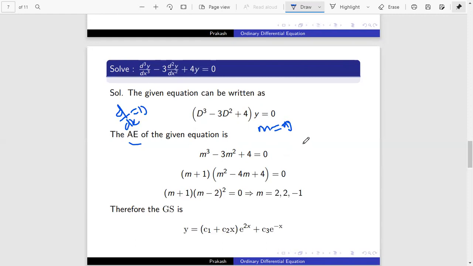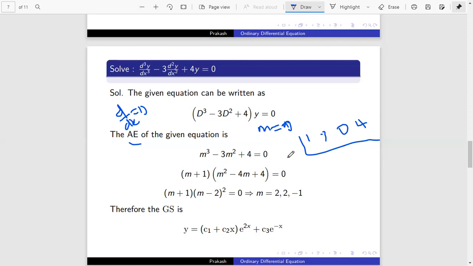This is a cubic equation, so you can use synthetic division. How can you use synthetic division? You collect the coefficients: the coefficient of m cube is 1, the coefficient of m square is minus 3, the coefficient of m is 0, and finally the constant term 4.